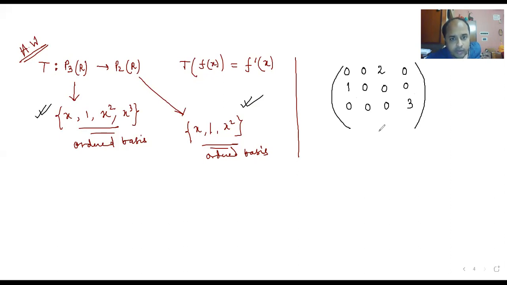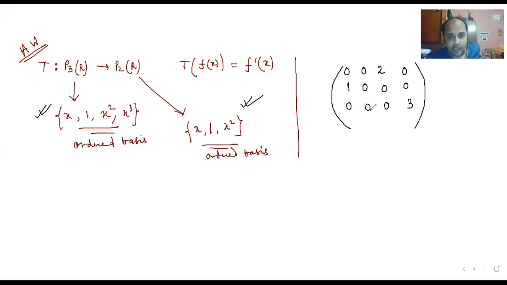What is that? Abhipriya Ghosh has written something else. When we differentiate x square from ordered basis P3R, we get twice x.